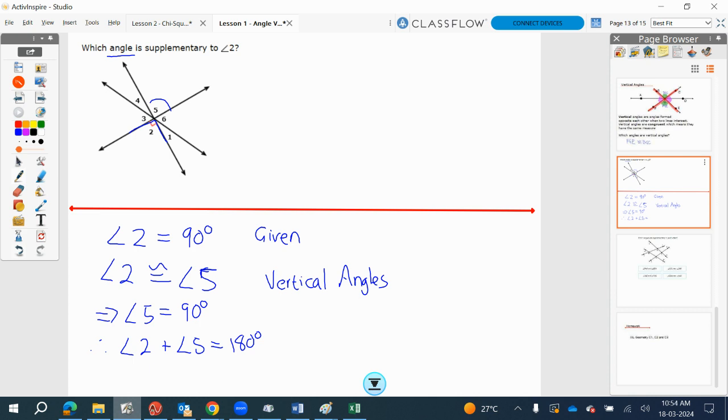So these are supplementary. So angle 2 is 90, that's given. Angle 2 is vertical to angle 5, meaning it's congruent, which means angle 5 is 90, which means the two of them are supplementary.